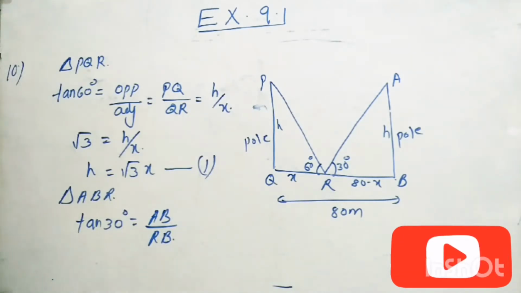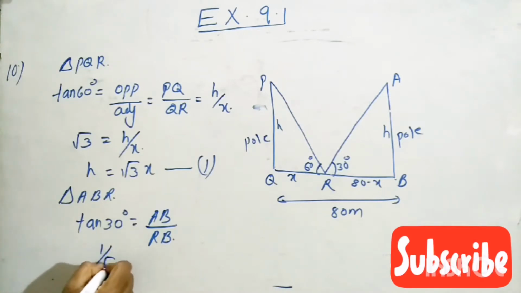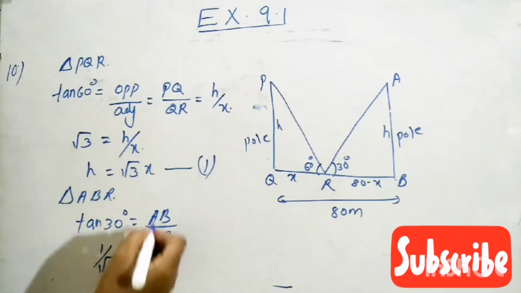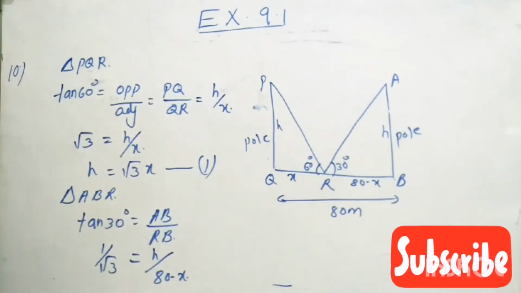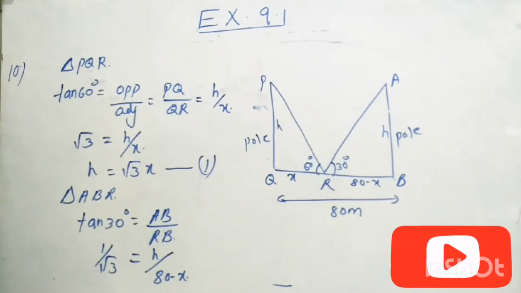Tan 30 degree, the value is 1 by root 3, is equal to AB, that is H, over RB, that is 80 minus X. So 1 by root 3 is equal to H divided by 80 minus X.